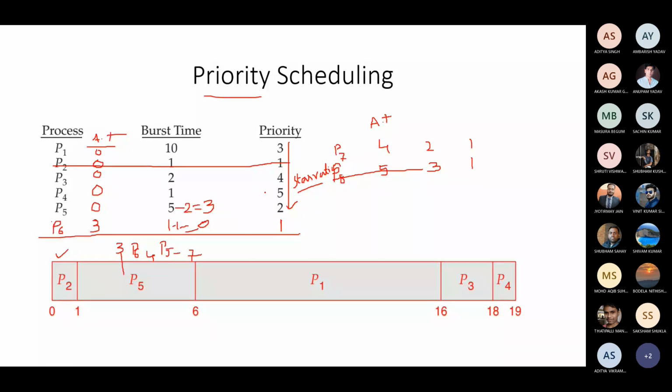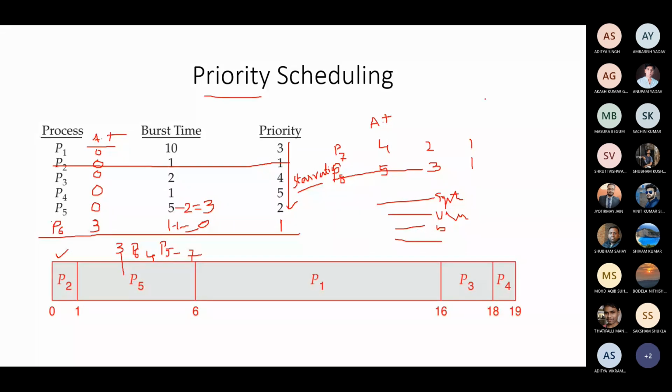After round robin scheduling and priority scheduling, there is a multi-level queue. So you can have multiple queues simultaneously. You can maintain one for system, one for user, one for batch process. You can maintain different queues and execute concurrently. Okay, this is called the multi-level queue algorithm. There is also multi-level feedback.